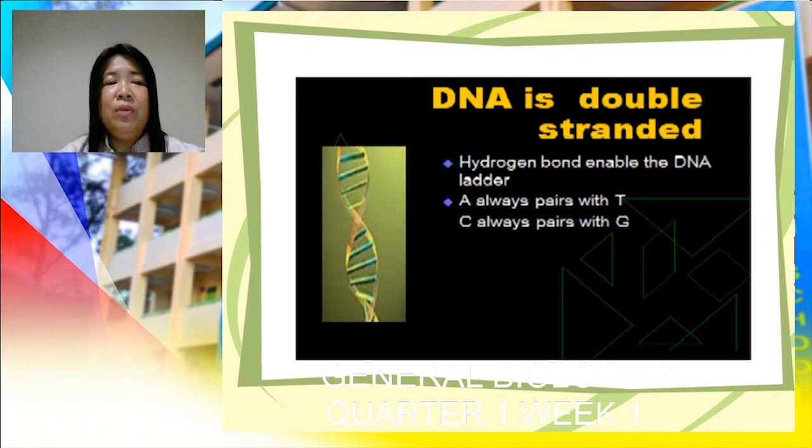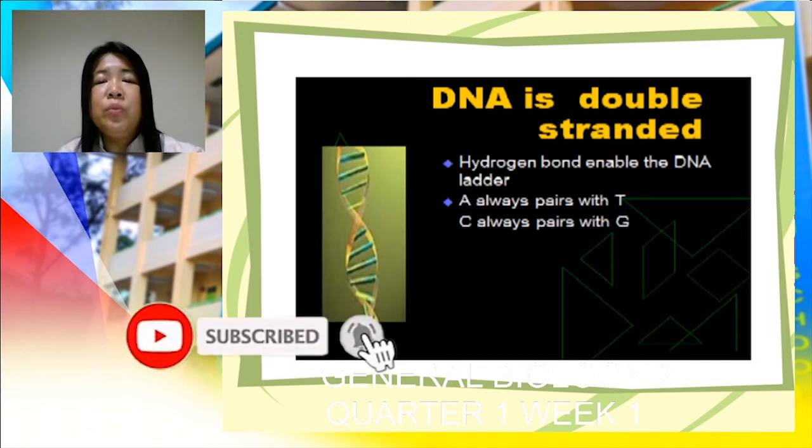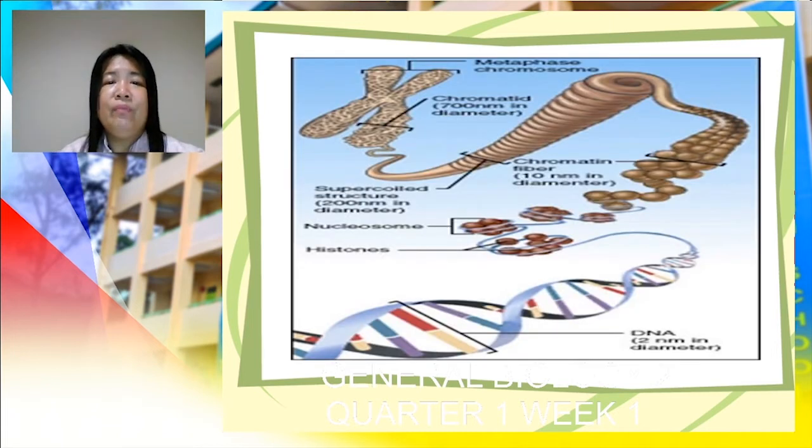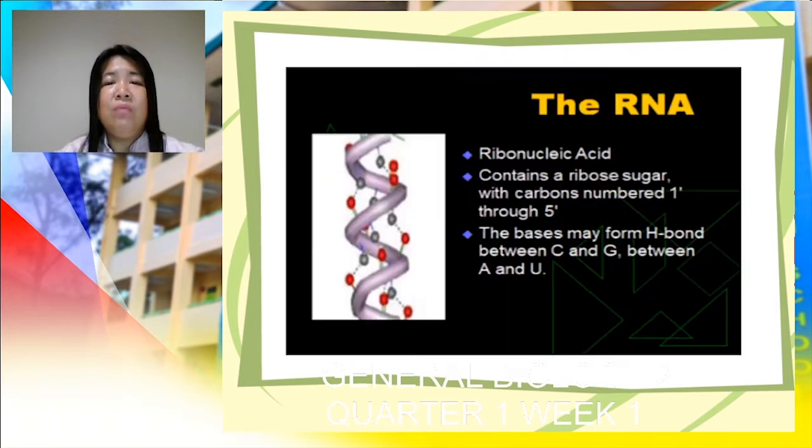On the left side, you will be able to see a ladder-like structure, where A always pairs with T, C always pairs with G. A stands for adenine, T stands for thymine, C stands for cytosine, and G stands for guanine. And this is actually the structure of a chromosome. Where does a chromosome start? It starts with DNA before it is formed as a chromosome.